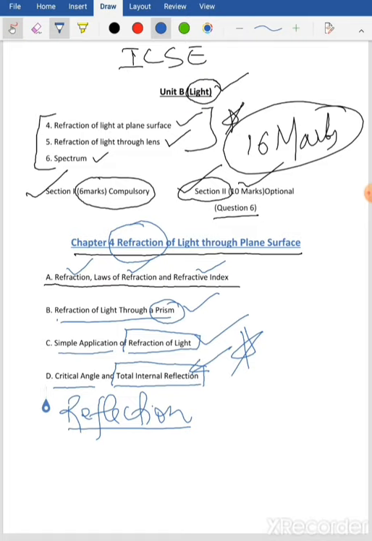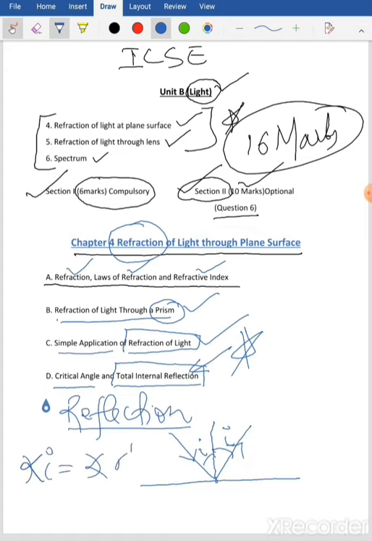Yes, so whenever a ray of light is striking on a polished surface, it gets reflected back, and we draw the normal here. This reflection obeys 2 laws. The first law that you have learned is that the angle of incidence, that is angle i, is equal to the angle of reflection, that is r, isn't it?